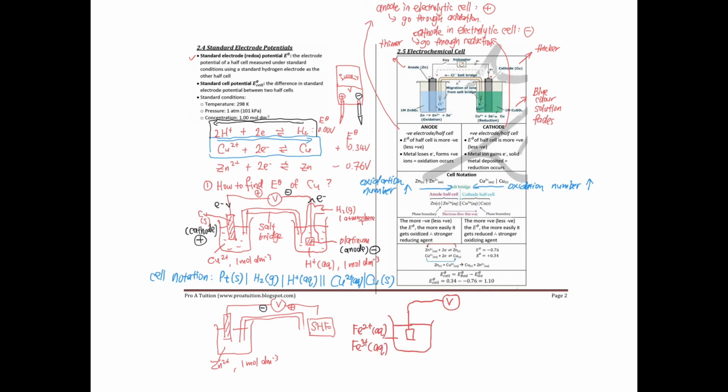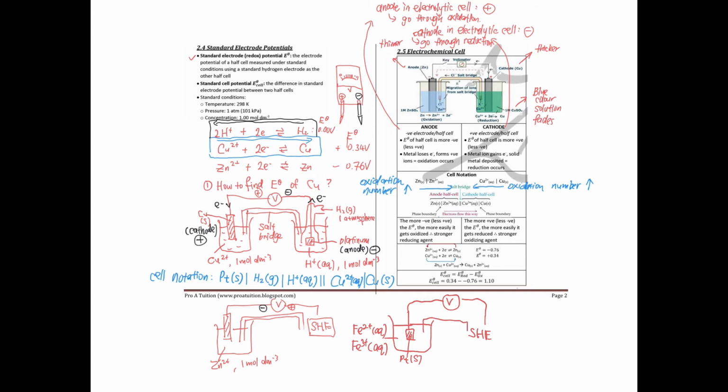Both are aqueous. And this is, let's say, the platinum. Let's say this one I use the normal one, and I connect it to SHE. So we want to practice on how to write the cell notation for this case.